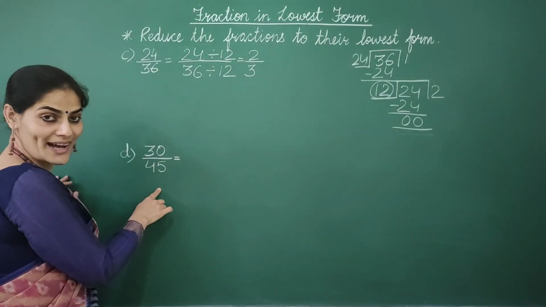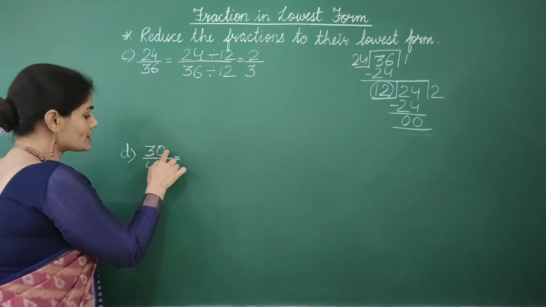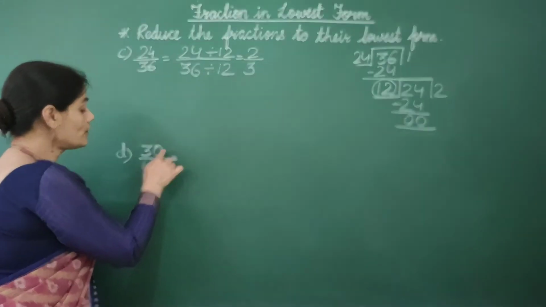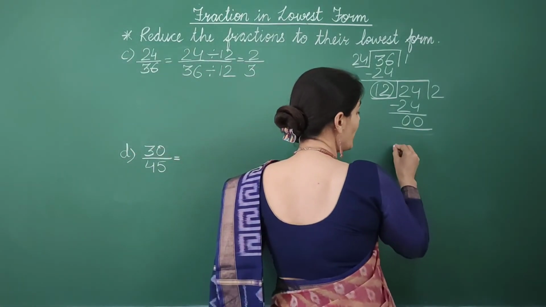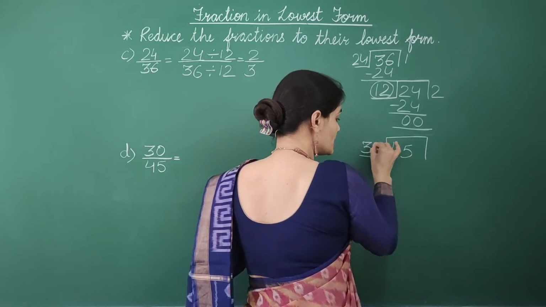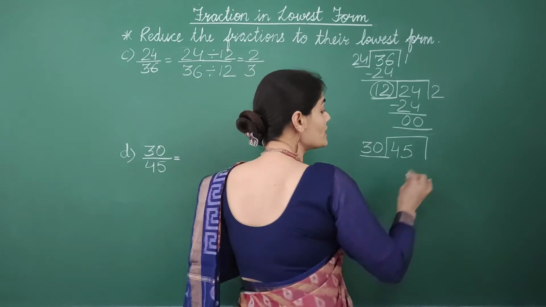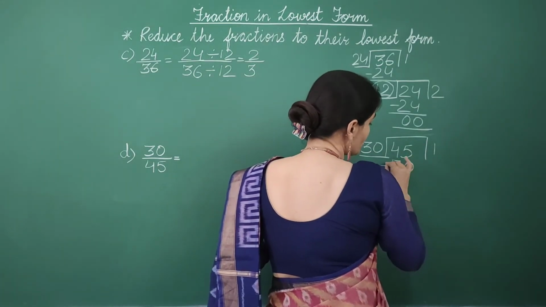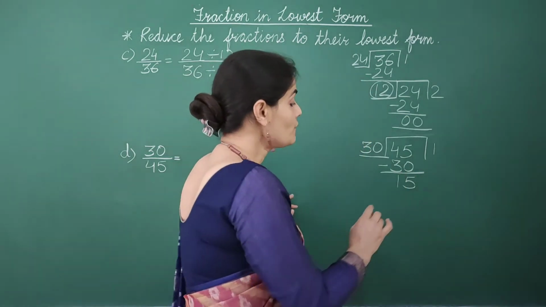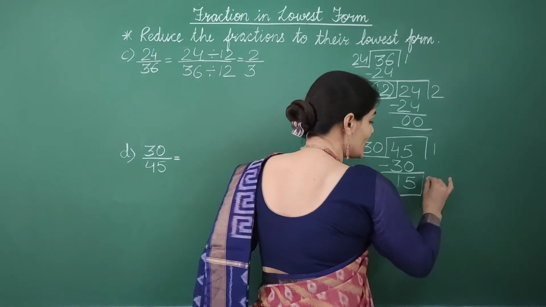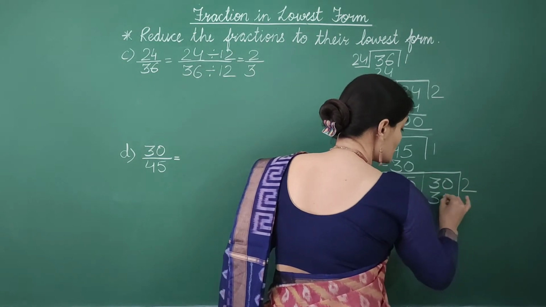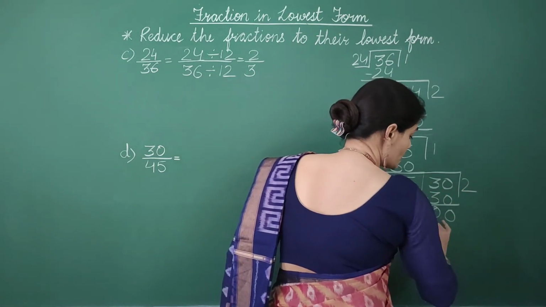Now let's move to part D. The fraction given to us is 30 by 45. So let's find the HCF of 30 and 45. I write the greater number at the dividend's place and the smaller number 30 at the divisor's place. Now 30 ones are 30. I subtract 30 from 45 and I'm left with the remainder 15. 15 here becomes the divisor and 30 is the dividend now. 15 times 2 gives us 30. 30 minus 30 is equal to 0.